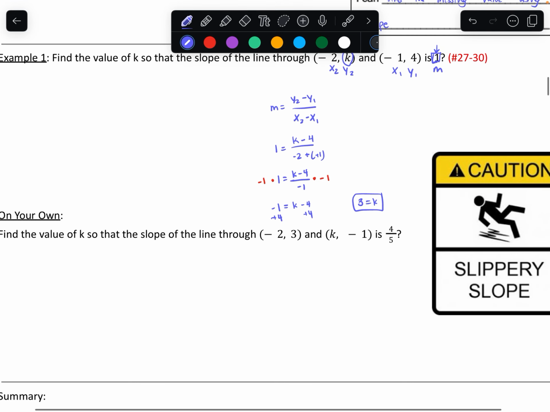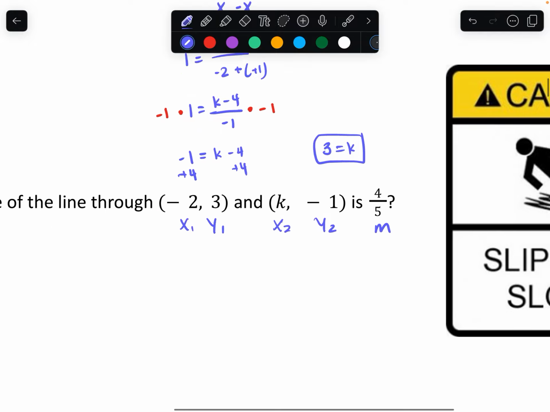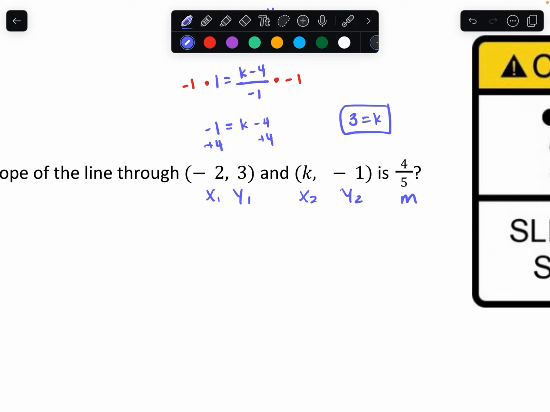Okay, so let's set this one up as well. x2, y2, right? Remember, always label the one with k as your x2, y2. This one is x1, y1. The slope is m. All right, so now let's do it.